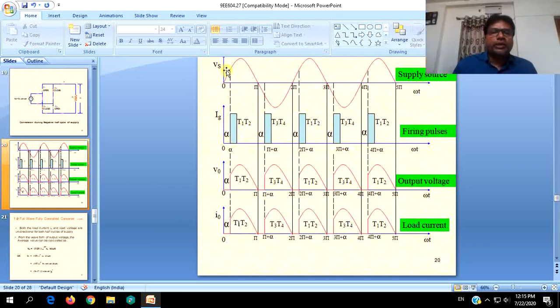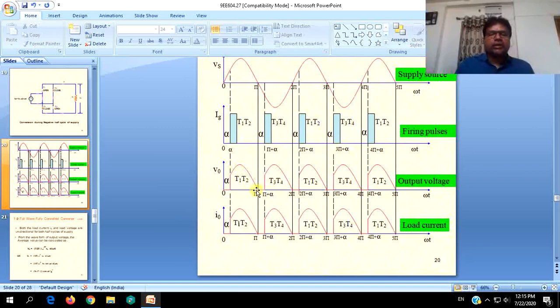Until that moment, those SCRs will be blocking the forward voltage. So the load voltage will be 0 from 0 to alpha. And when T1 and T2 are turned on, full supply voltage as it is will be applied across the load.